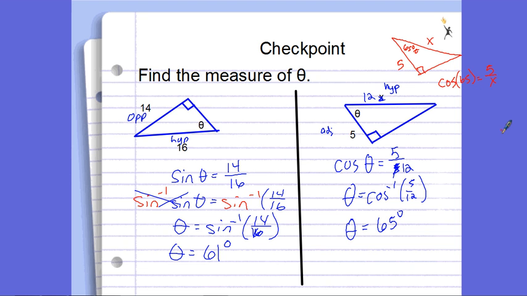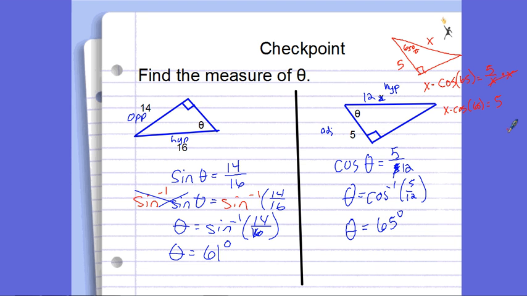Now, how would I find x then? Good. So here's what I would do. So x is over here in my denominator. I don't like it there. I need it out from the bottom. So couldn't I just multiply both sides by x? So does everybody agree that x times cosine of 65 is equal to 5? Now solve for x.